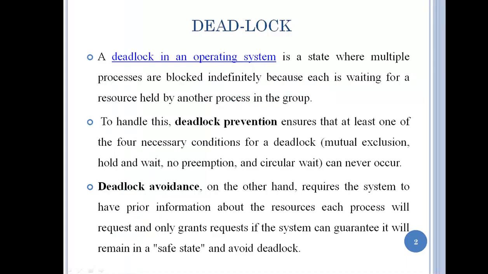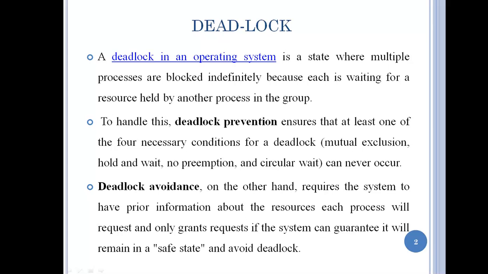So a deadlock in an operating system is a state where multiple processes are blocked indefinitely because each is waiting for a resource held by another process in the group. To handle this situation, deadlock prevention ensures that at least one of the four necessary conditions for deadlock, that is mutual exclusion, hold and wait, no preemption and circular wait, can never occur.